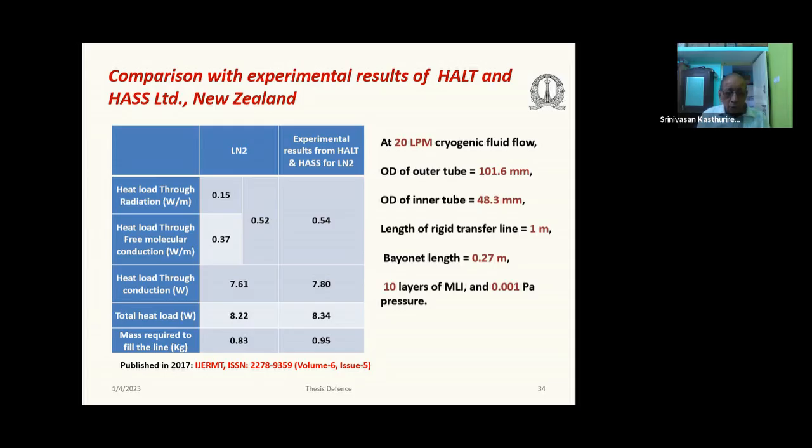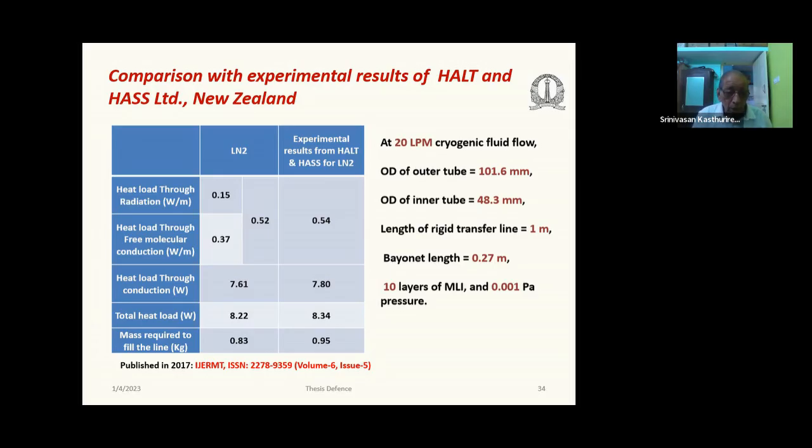Now, the heat transfer through solid conduction is 7.61 watts, whereas the experimental measurement is about 7.8 watts. The total heat load, including this radiation and conduction, is 8.22, and experimentally we find it is about 8.34.